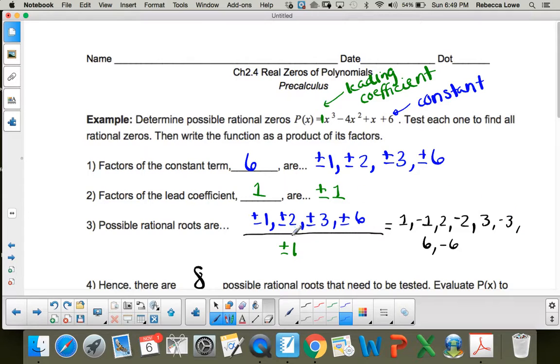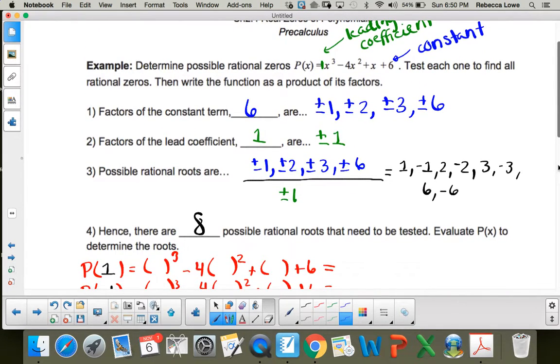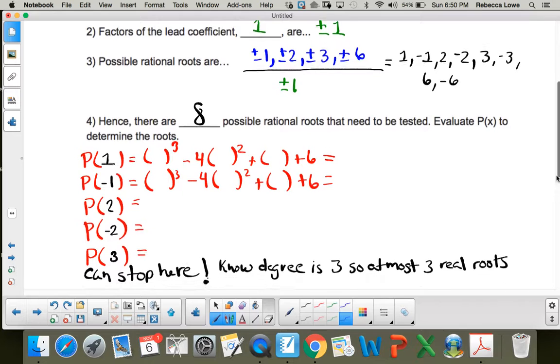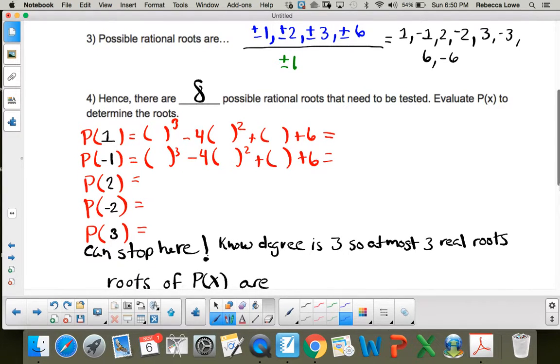So plus or minus 1 divided by plus or minus 1 is going to be plus or minus 1. Plus or minus 2 divided by plus or minus 1 is going to be plus or minus 2, etc. So what you see here in black are all the possible rational roots. So there are 8 possible rational roots. There could be so many more, which makes this very tedious, but this is how it could be done.